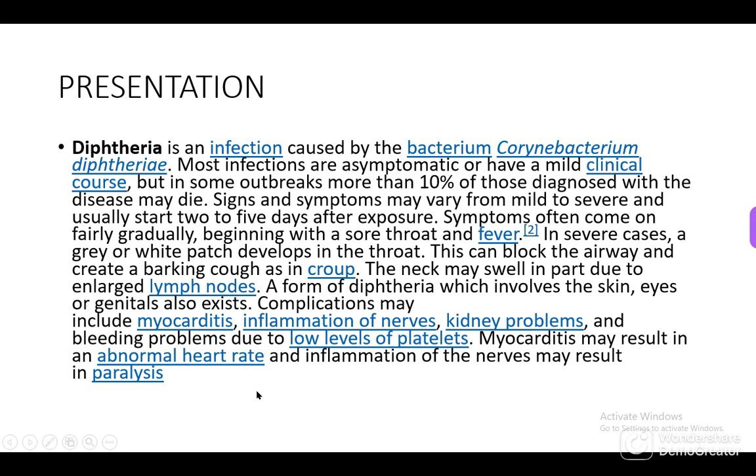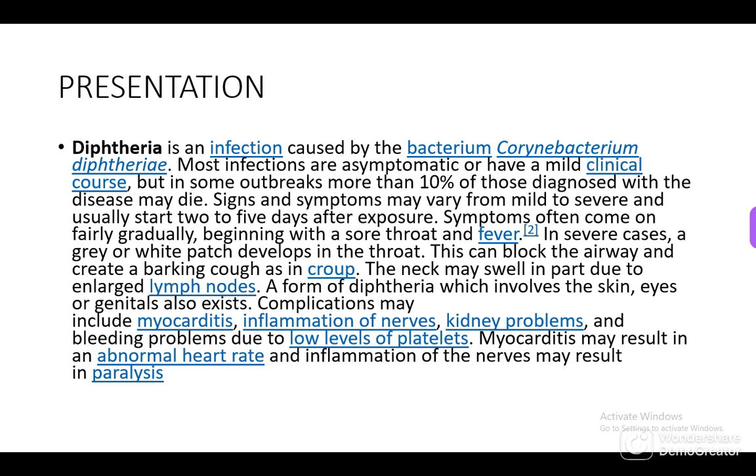The presentation is an infection caused by Corynebacterium diphtheriae. Most infections are asymptomatic or have a mild clinical course, 80% as an upper respiratory infection. But in some outbreaks, more than 10 to 20% of those diagnosed with the disease may die. Why? Because of the formation of the pseudomembrane in the tonsil area or the pharynx.